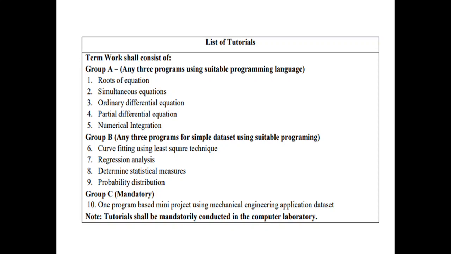Here we are using MATLAB software. You have learned different software in your syllabus up to SE. You used AutoCAD, and the 3D software CATIA. But here we are using MATLAB.